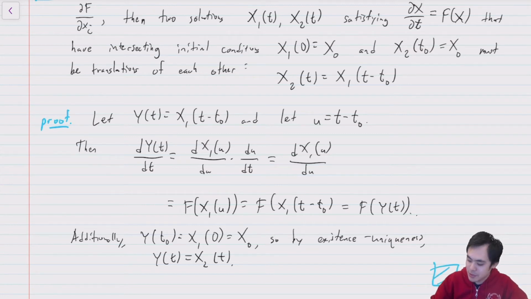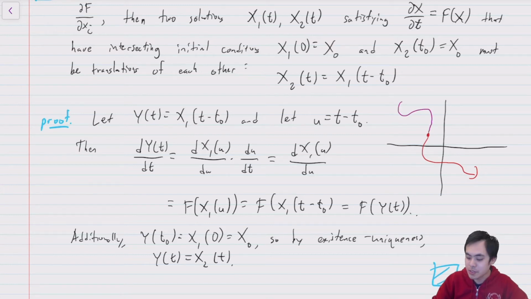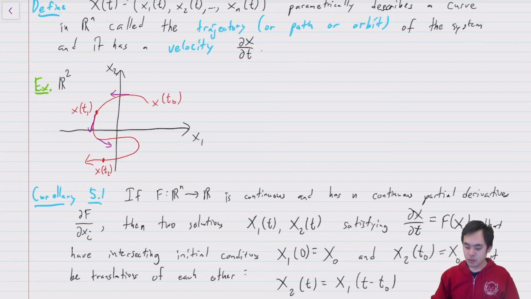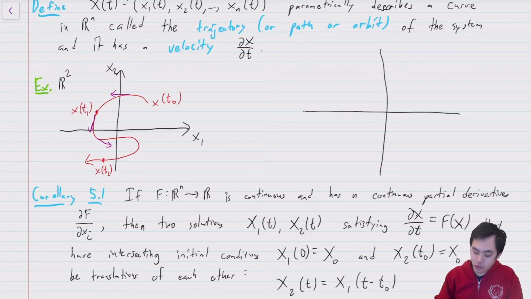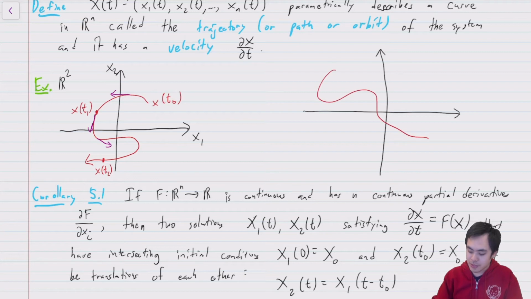So basically what this is saying is that if we go into R^2 here, if you have some point here, let's start going in this direction, and you have some other trajectory that goes there, then it has to continue on in the same way. So if you have an autonomous system, note that this has no explicit dependence on t, which is important for this result, then you can't have two intersecting paths.